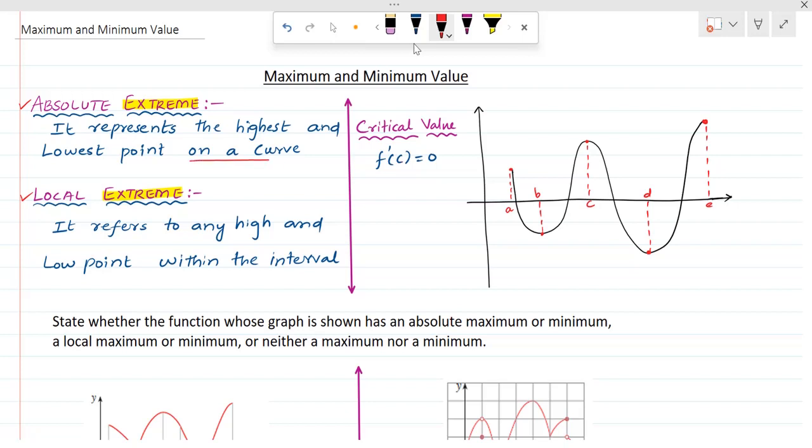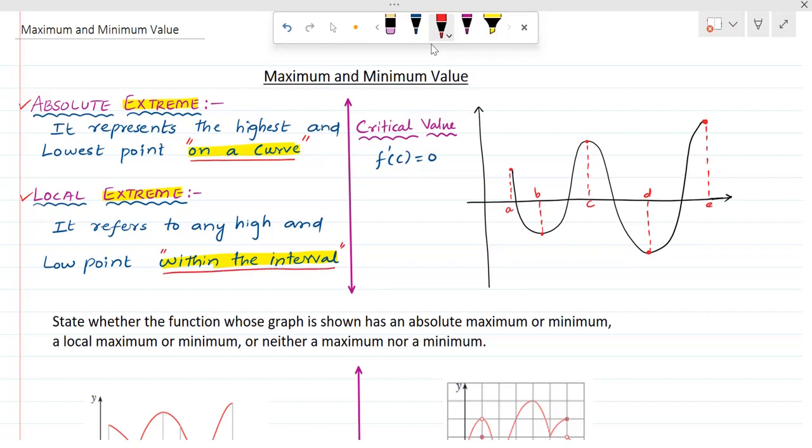Throughout the curve, you have to see what is the highest point and the lowest point. That is my absolute extremum, the absolute maximum and minimum value. Whereas the local maximum and minimum refers to the highest and lowest point within the given interval. So let us do an example here.